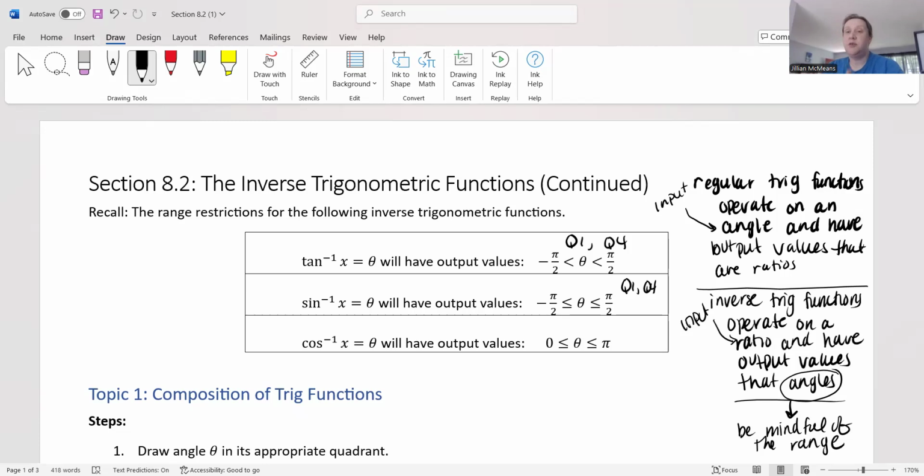When we look at cosine from negative pi over 2 to positive pi over 2, we have a segment that's not one-to-one. And remember, when we looked at those initial trig functions, we needed to look at a segment of the initial trig function that was one-to-one. Okay, so when we looked at cosine, we had to change our restricted domain for cosine, and we had to look at it from 0 to pi.